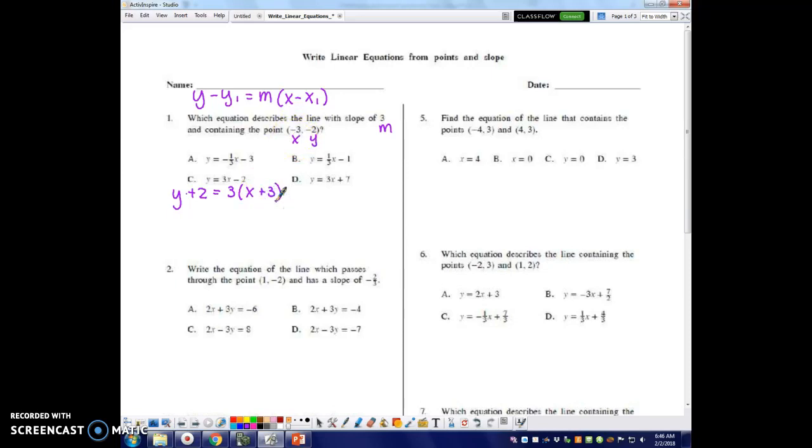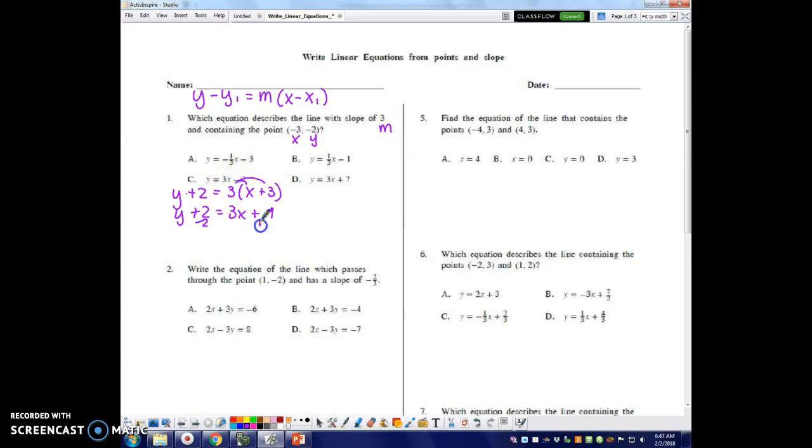From this point, to get it into slope-intercept form, you need to move this 2 over. Well, let's do something else first. Before you move that 2 over, let's distribute this 3. So we have y plus 2 equals 3x plus 9, because 3 times x is 3x, 3 times 3 is 9.